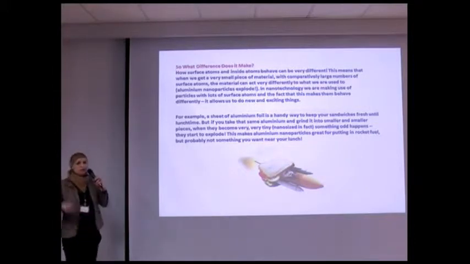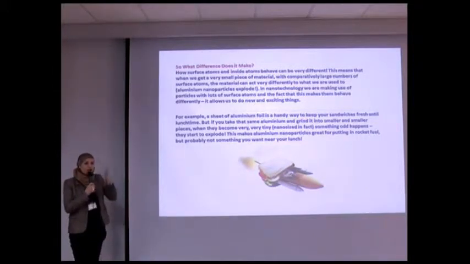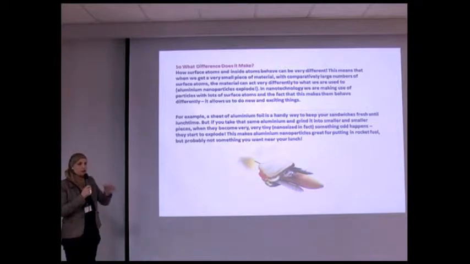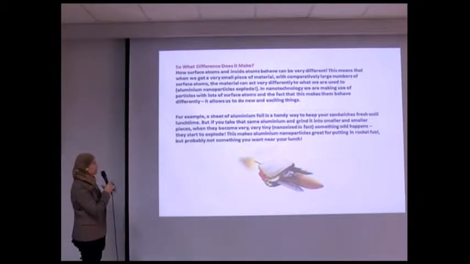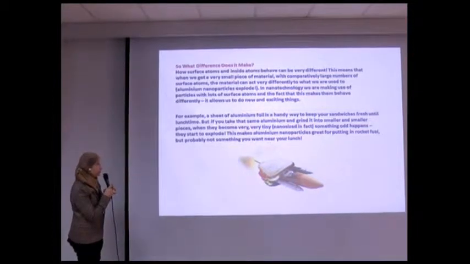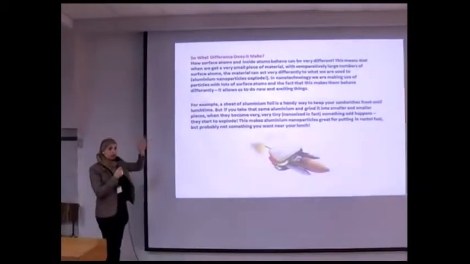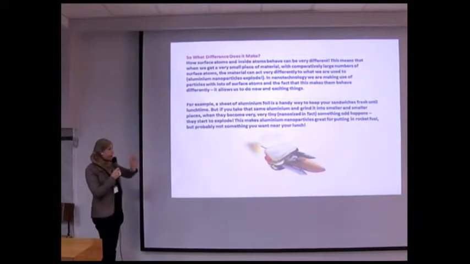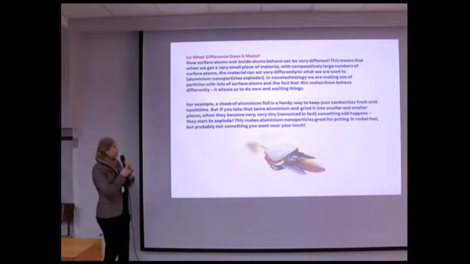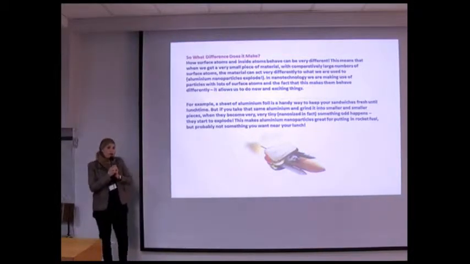They start to explode. The same material, just cut into particles with a nanometer size. This makes aluminum nanoparticles great for putting in rocket fuels, but probably not something you want near your lunch.